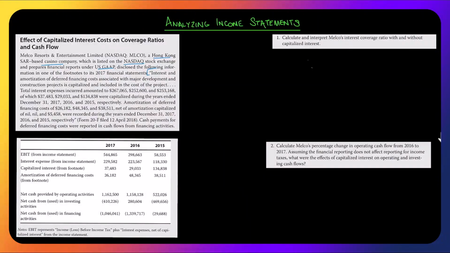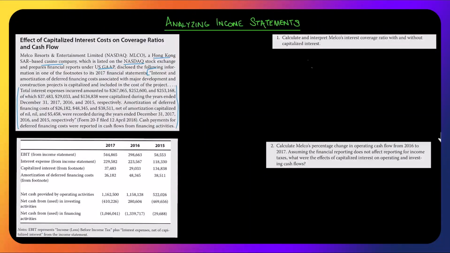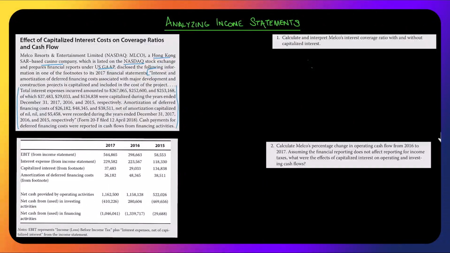They're listed out here in not completely user-friendly manner, but we've got it down here in a nice table. Total interest expenses incurred amounted to 267, 252, 253, of which, here we go, 37,483, 29,033, and 134,838 were capitalized during the 3 years that we're looking at. So here is our capitalized interest.